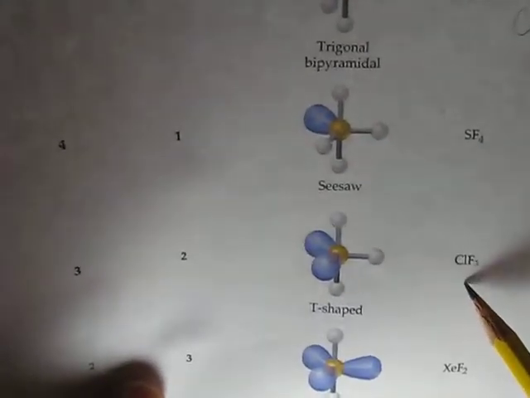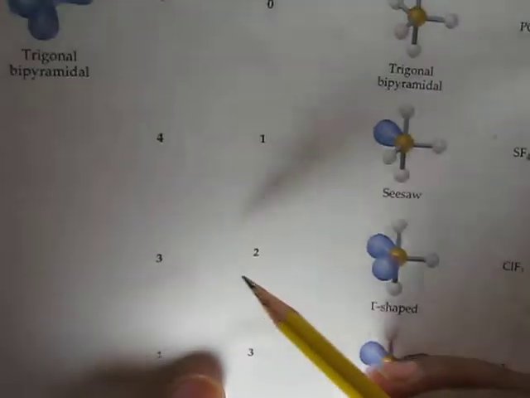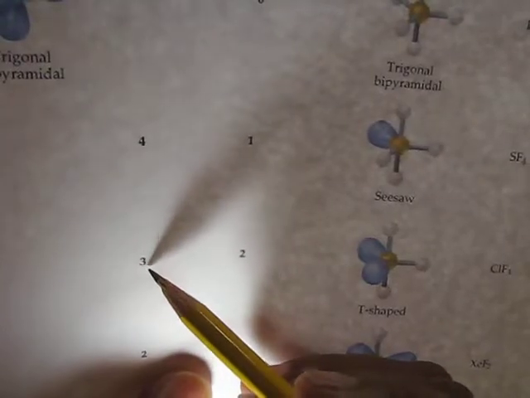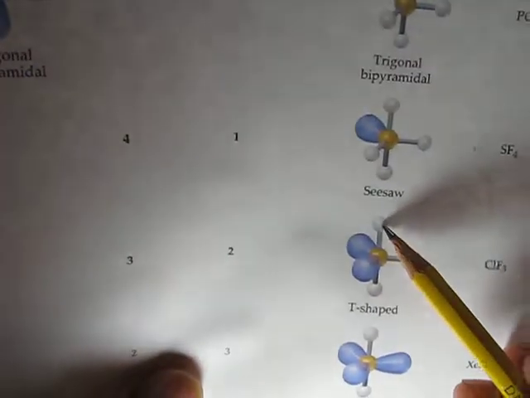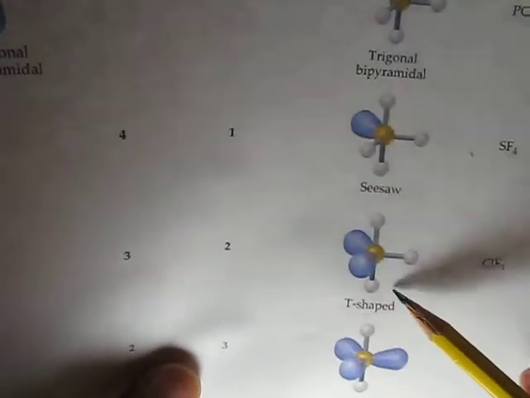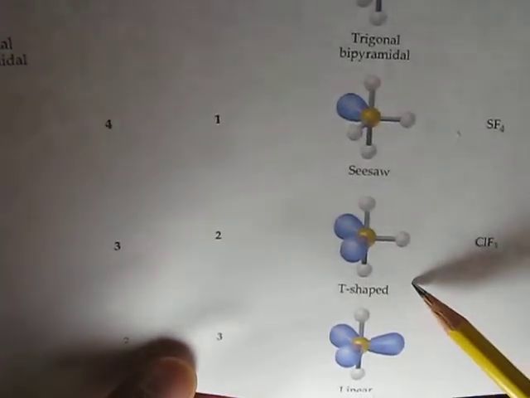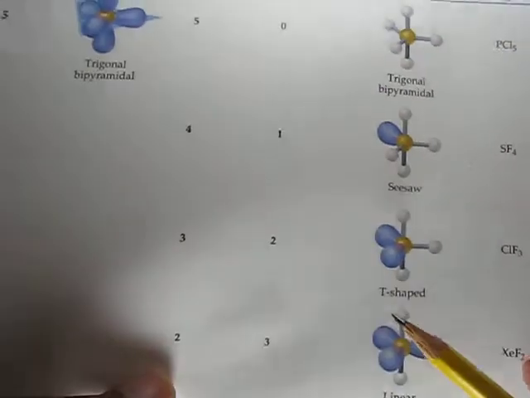In the third example, chlorine trifluoride, when you draw the Lewis structure, you will notice that there are 3 bonding domains and 2 non-bonding domains, and the shape is called T-shape.